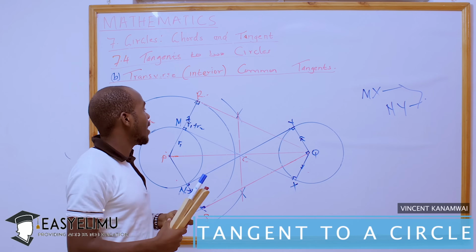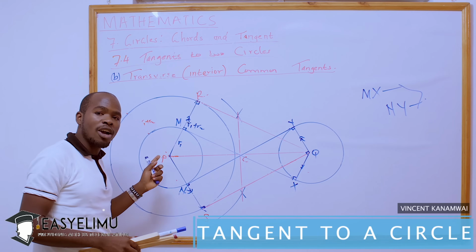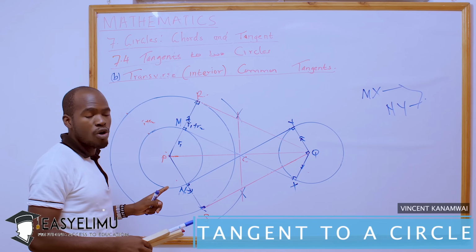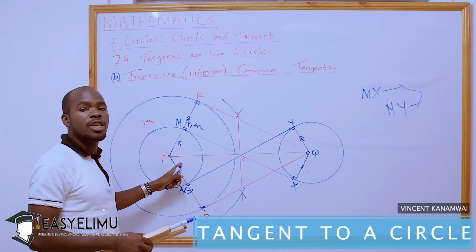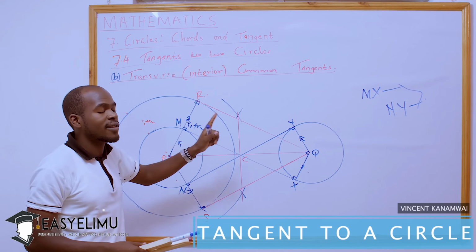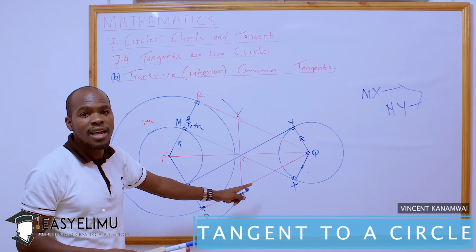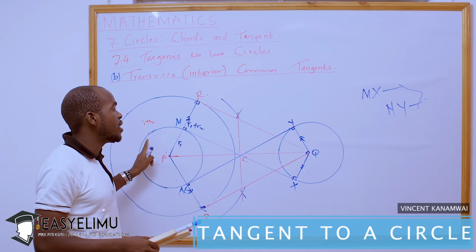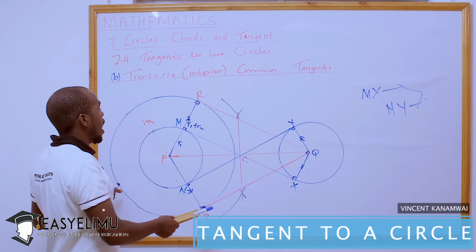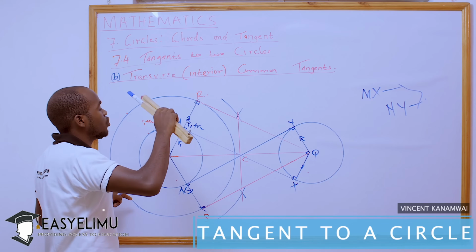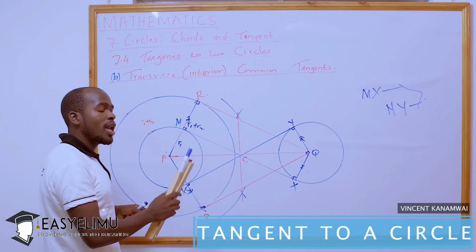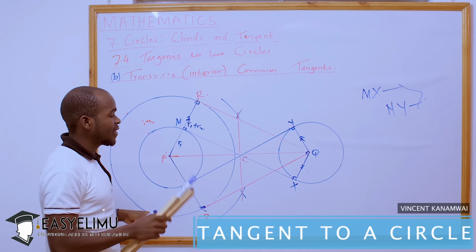And then after that, draw a circle which is R1 plus R2, which will be 2 centimeters of the first circle plus 2 centimeters of the next circle. So your circle will have a radius of 4 centimeters.